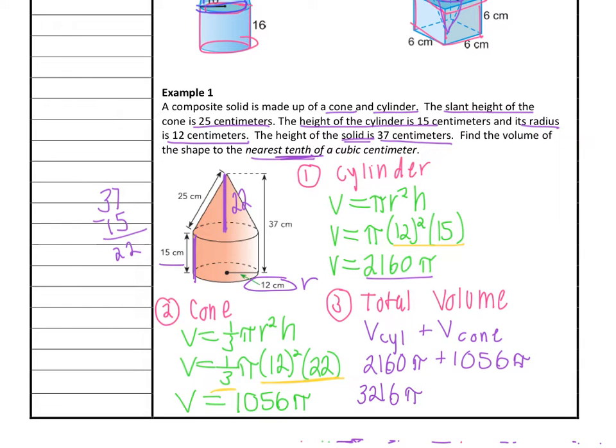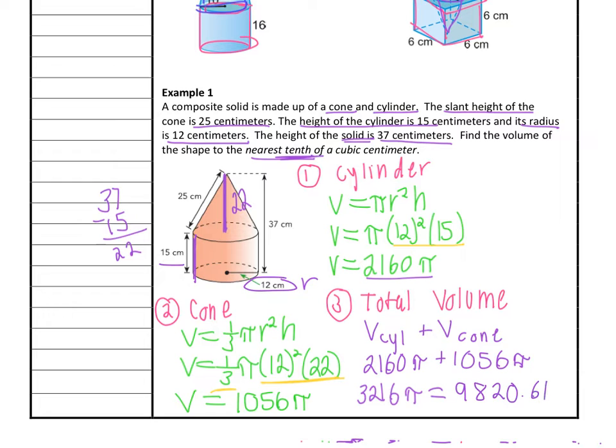So now that I have this, I'm going to type this in my calculator and use the pi button. And in doing so, this allows me to wait till the very last second to round. So 3,216 times pi, we are going to get 9,820.6186.